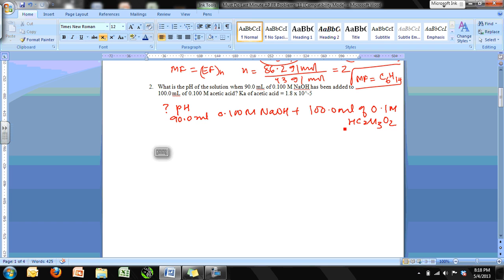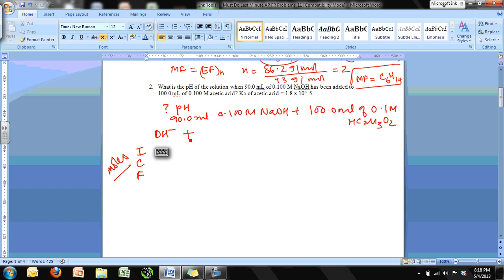Anytime you have an acid and a base mixed together and you're asked to calculate its pH, you must start with a neutralization or ICF chart. If you recall, the ICF chart is written in moles and not molarity. You'll write the neutralization reaction on top, which is NaOH. You can write the net ionic equation because Na is a spectator ion and it gets cancelled.